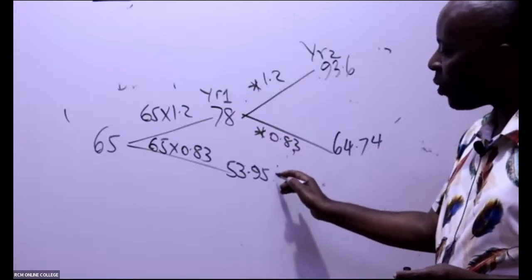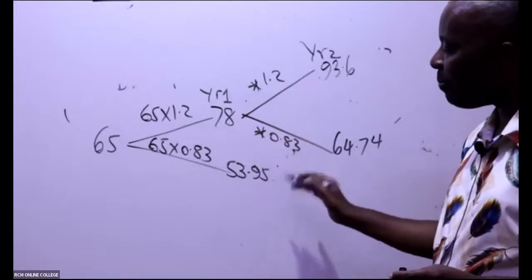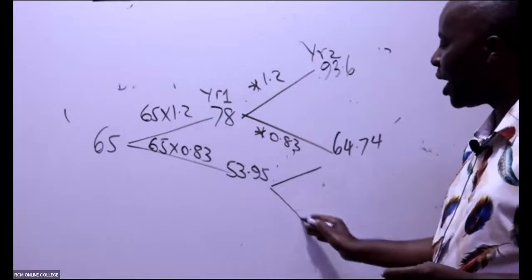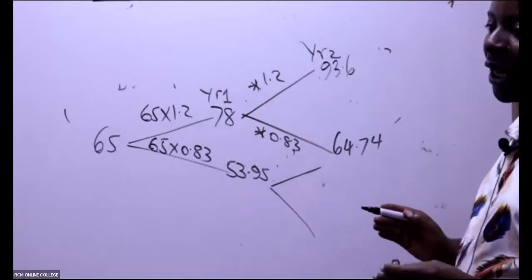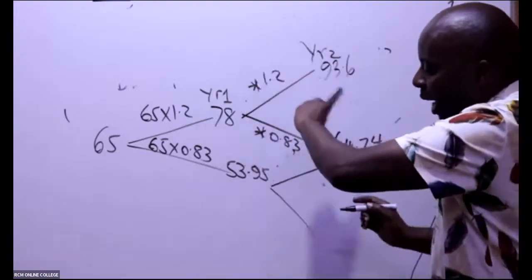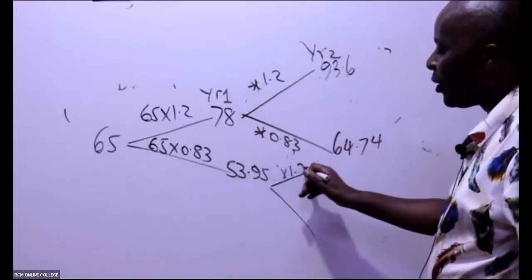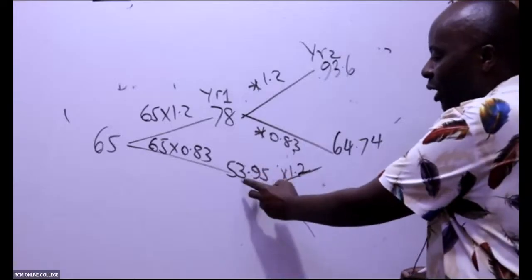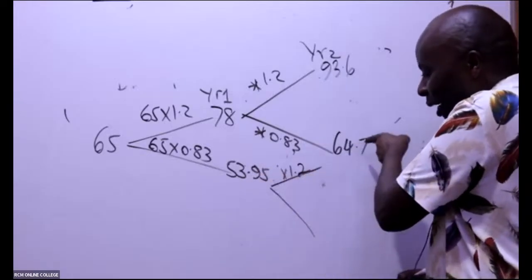How about this one? If this one was the end of year 1 parameter, when it goes to year number 2, there are two possibilities. It could either go up, so up movement, you multiply by 1.2, and we expect that when I take this times this, it should agree with this figure.